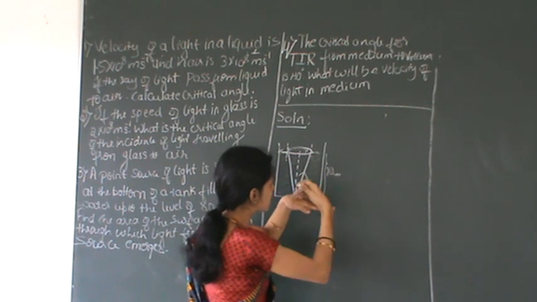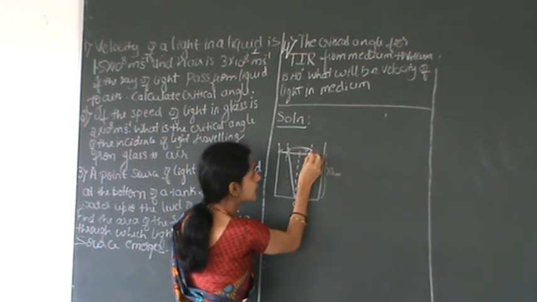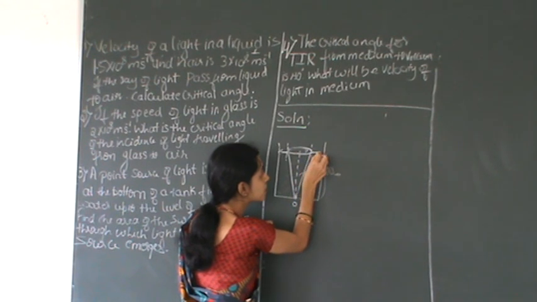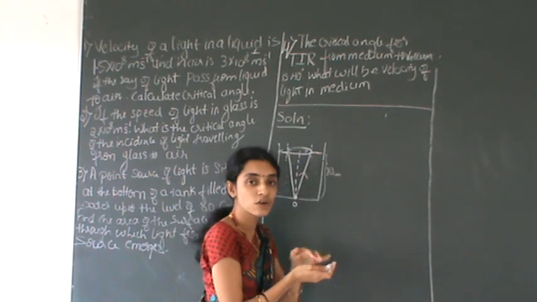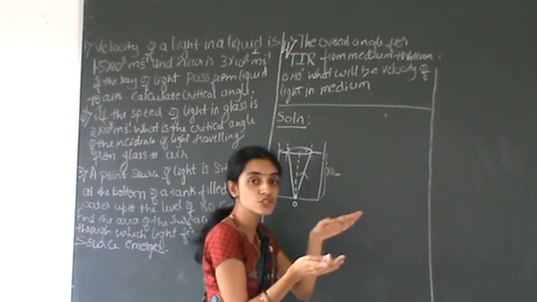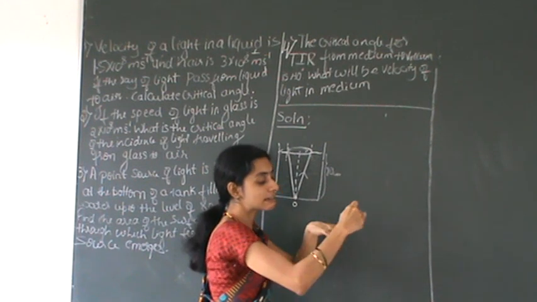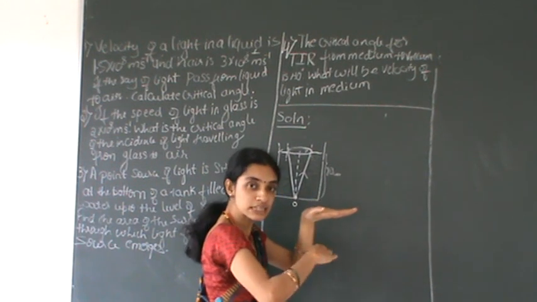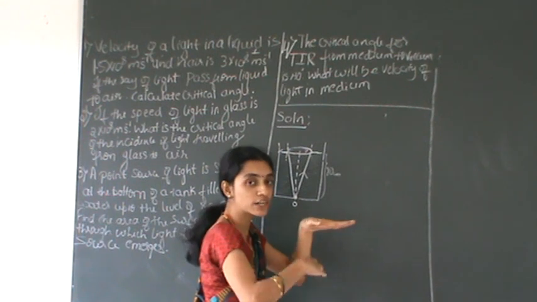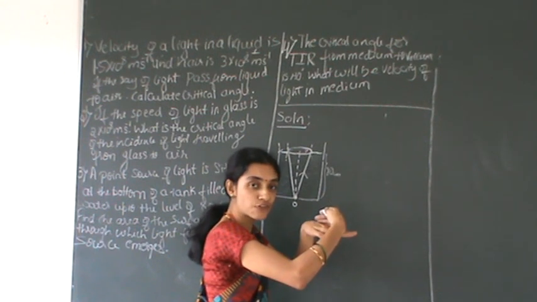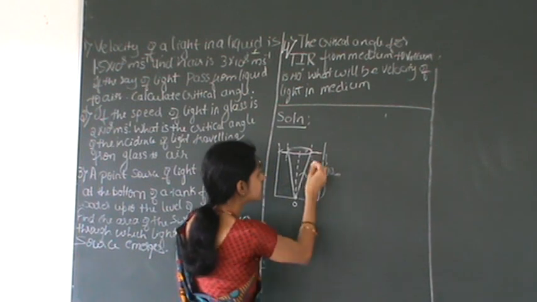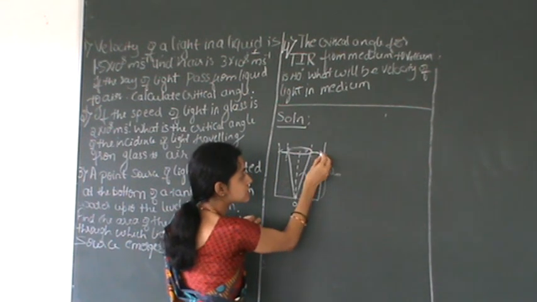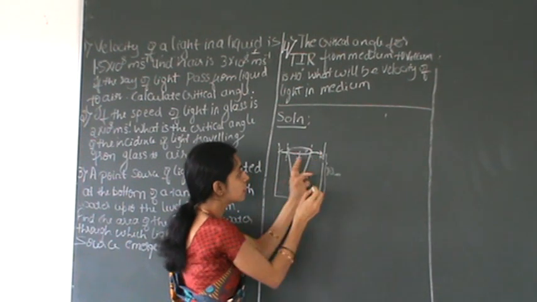What happens here? The ray grazes the surface which separates the two media. Below that line is the area for water, and above that is the area for air. It grazes the surface.